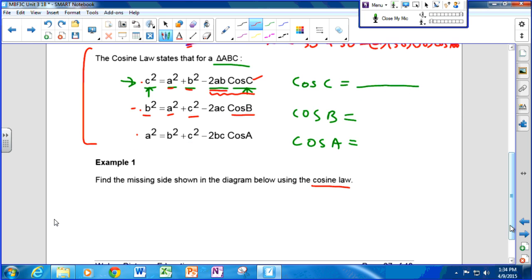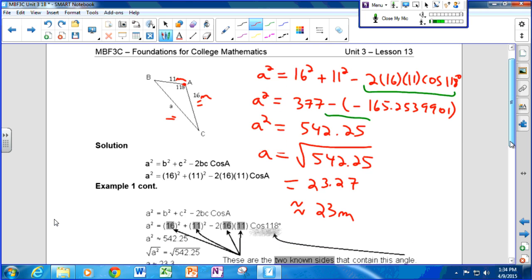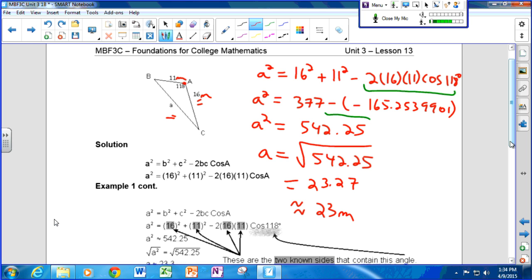Okay. All right, example 1 tells us to use the cosine law. So again, this is one where we didn't have to figure out whether the sine law would work or not, but if you look at it, can we use the sine law in this? Okay, so they want us to find a.